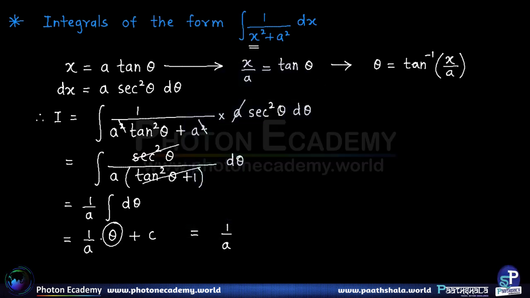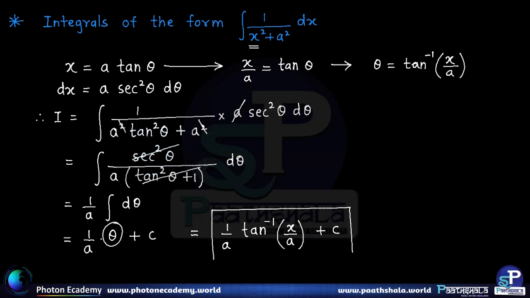So we substitute at the end, and we have 1 upon a tan inverse of x by a plus c. So that's the answer for the integrals of the form 1 upon x square plus a square.